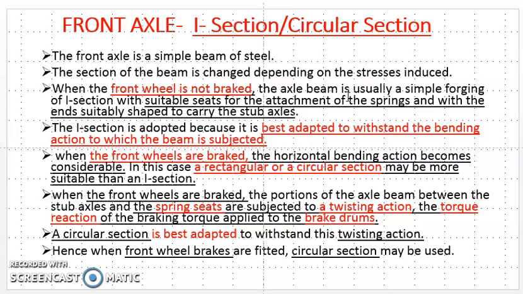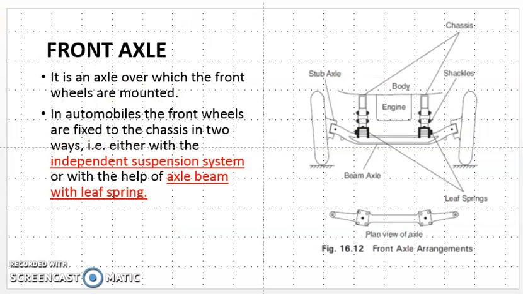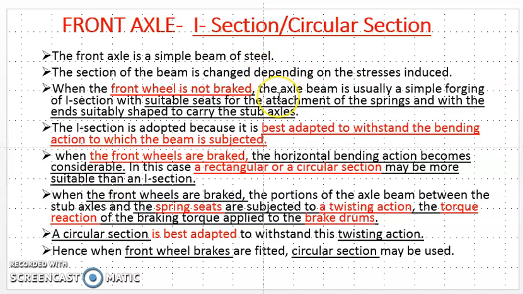Okay, suppose it is made up of I section, one end is used for the stub axle and also there is an arrangement for providing a spring. This I section is adopted because it is best to withstand the bending action to which the beam is subjected.